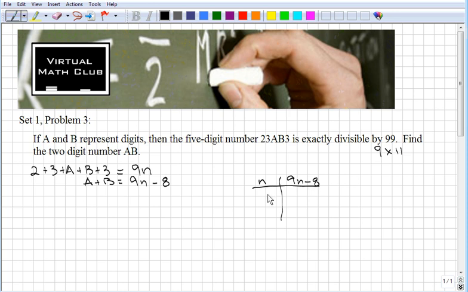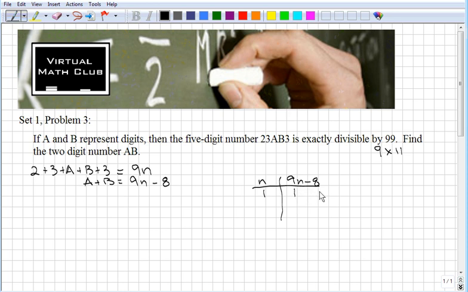So if n is 0, we'd plug that in and we'd get a negative 8. And we know that can't work because a and b are both digits in this number. So they have to be single digits and they have to be positive. So n can't be 0. We could put in 1, and then we'd have 9 minus 8, which is 1.